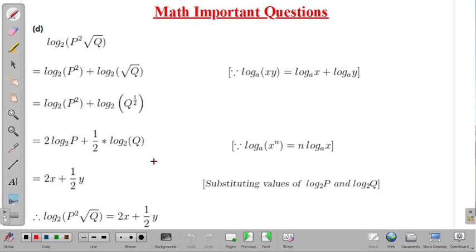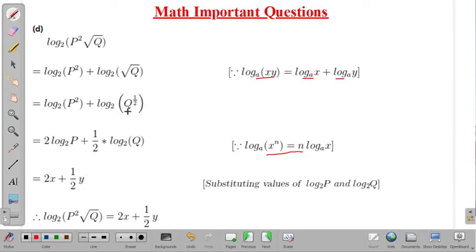Okay, coming to the last part, here we need to find the value of log of p square into root under q. So as we know, log of xy equal to log x plus log y. So considering p square as x and root q as y, it can be written as log of p square plus log of under root q. Now we know that log of x to the power n equal to n log x.